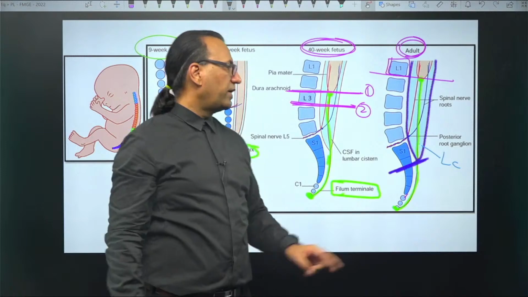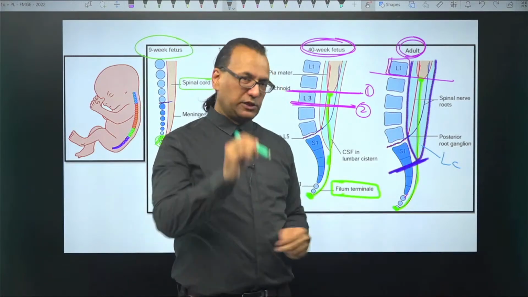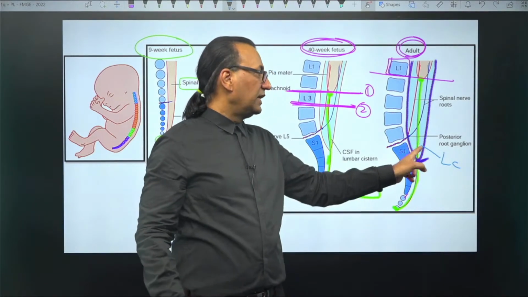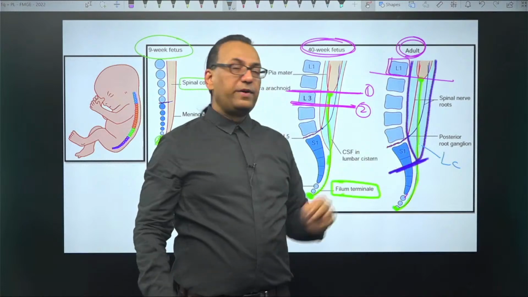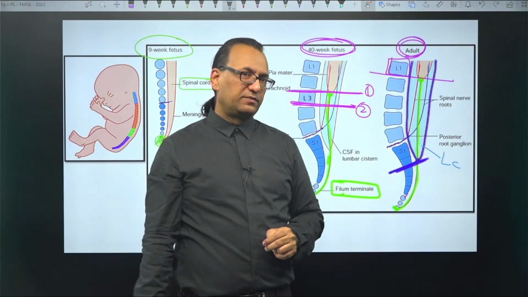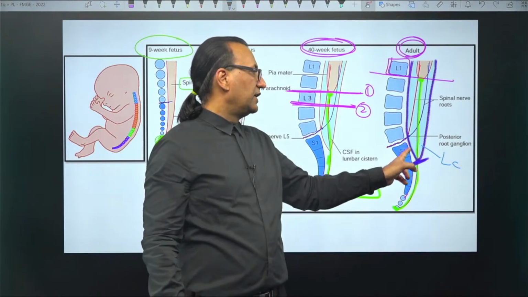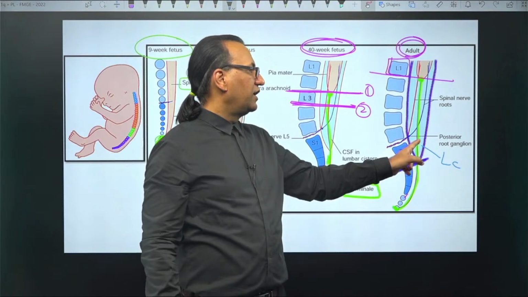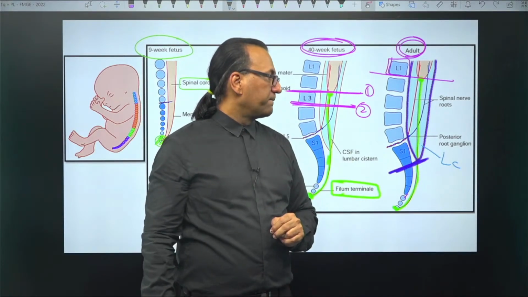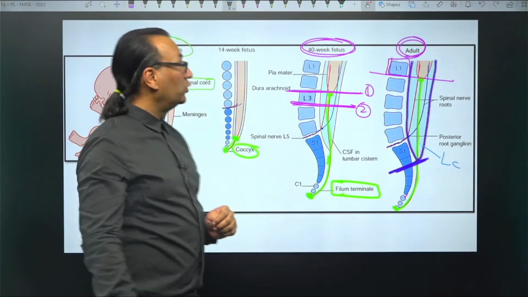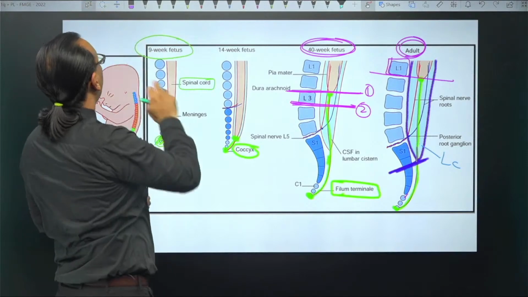A question comes when you are doing lumbar puncture to aspirate the CSF, where will you be putting your needle? And that again is a controversy. Let us make a diagram to discuss the same story once again.